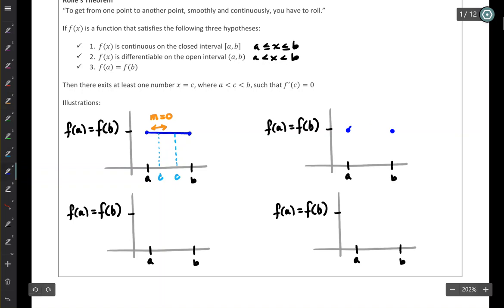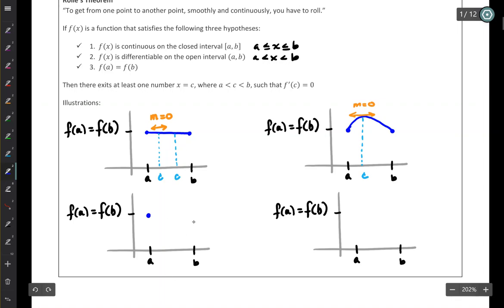But if you're going to be nice and smooth and continuous, if we're increasing, we're going to have to eventually decrease to get down to that same y value, since f of a is equal to f of b. So there's at least one place in the domain, strictly between a and b, where the derivative is 0.